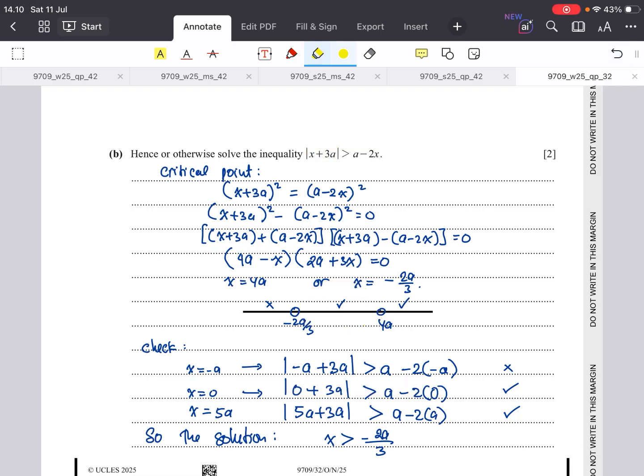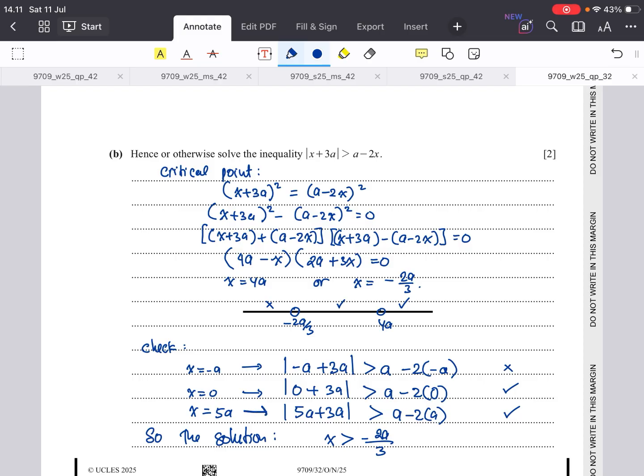And then the last region, when x is greater than 4a. Let's take x equals 5a. And then again, we substitute x equals 5a in this region.